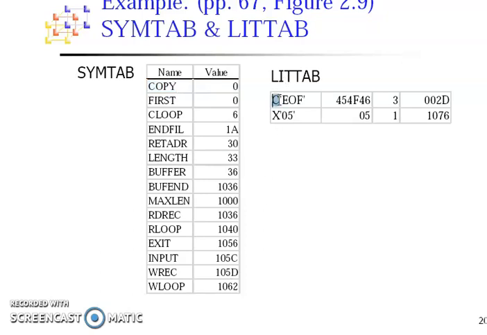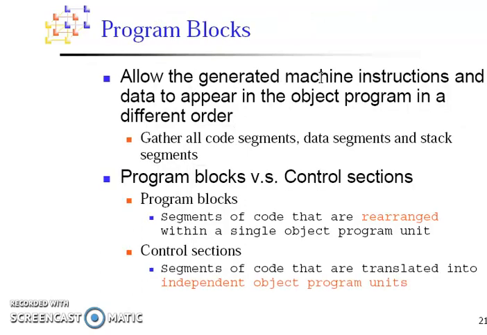And LitTab will have the literals that are being used, their corresponding object code and value. Memory location, how much will be allocated, and where it is being stored, those things will be stored in the LitTab. So this is related to expressions.